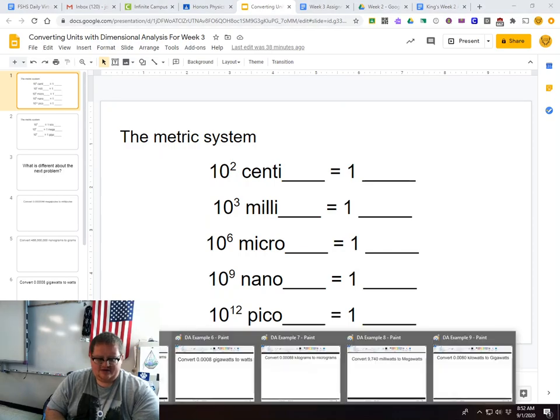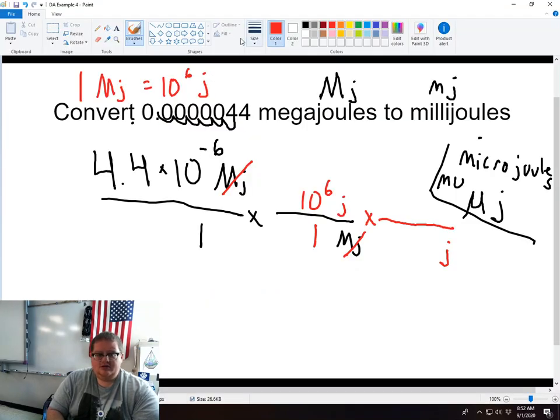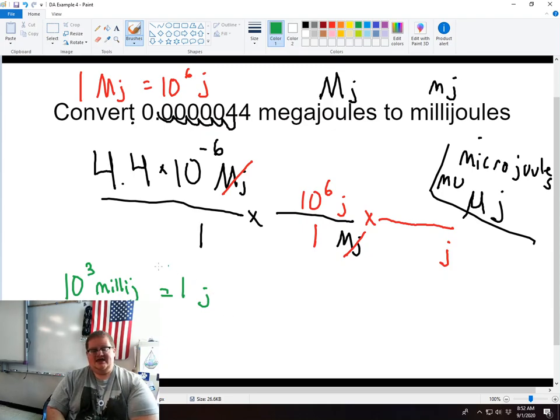I'll write it again over here, in green. It said 10 to the 3rd millijoules equals 1 joule. Again, we have to put this in the correct order. Joule goes on the bottom, and we should be able to tell that 1 goes with joules. So 1 joule, and on the other side is 10 to the 3rd millijoules.